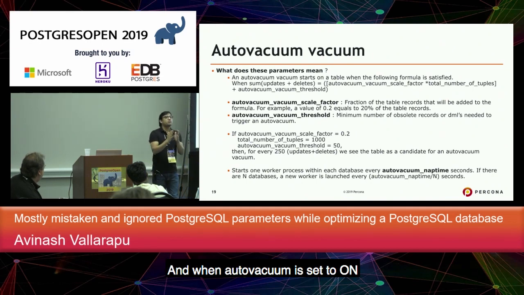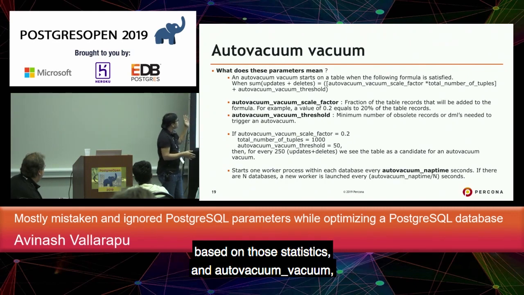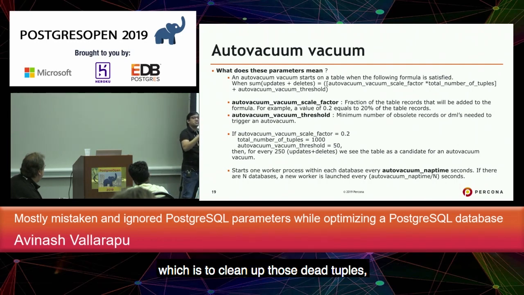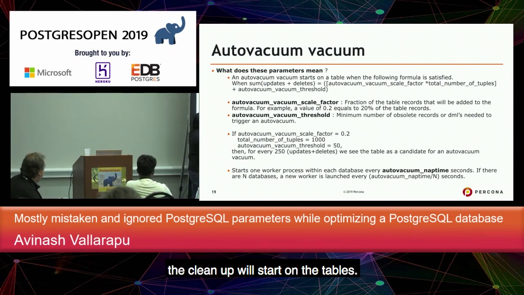When AutoVacuum is set to on, based on the statistics collected, because track counts is set to on, an AutoVacuum vacuum, which cleans up those dead tuples, nothing but the older version deleted records, will start on the tables.